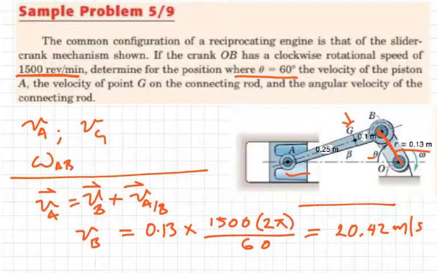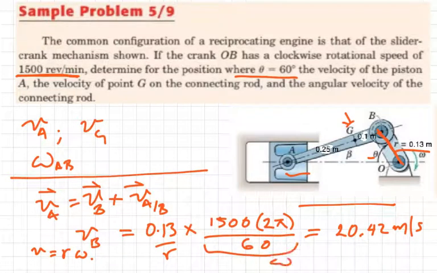So we have our VB. Note that this is coming from the equation, knowing that V is equal to R omega. So this is our R, and this is our omega. And so now we have it in meters per second.